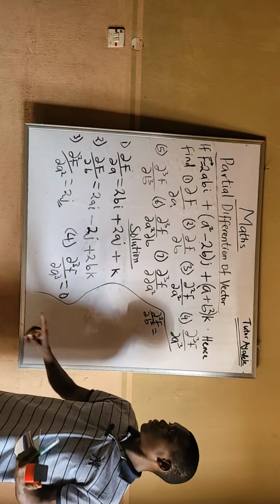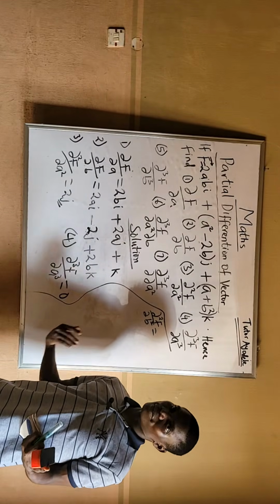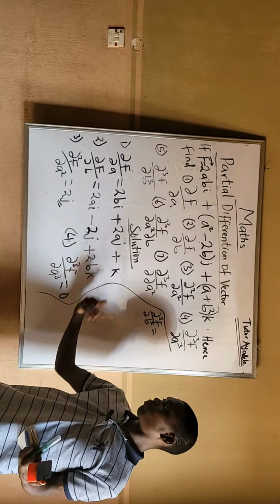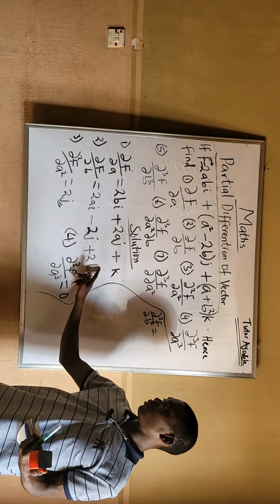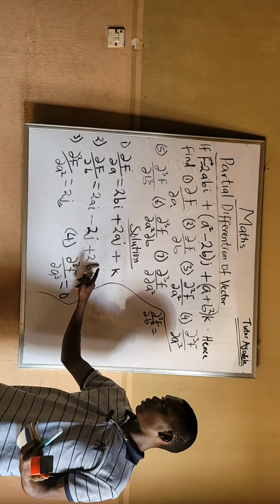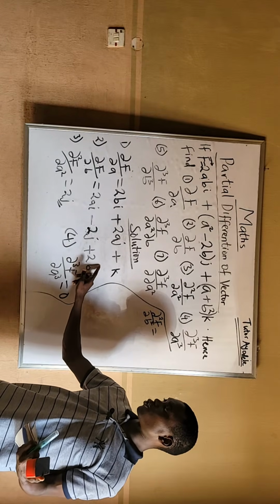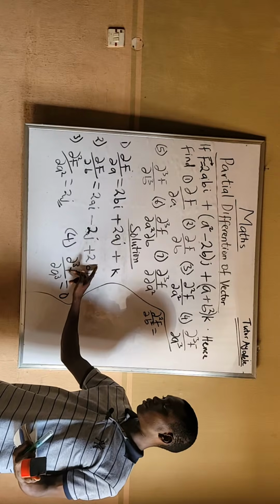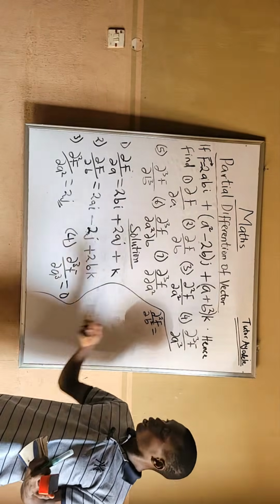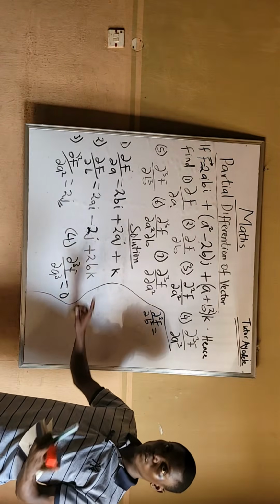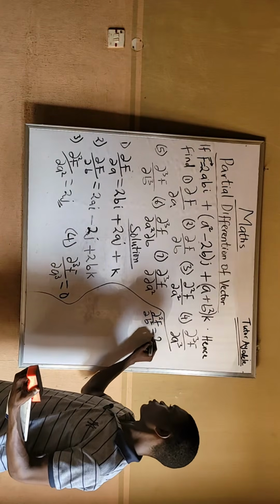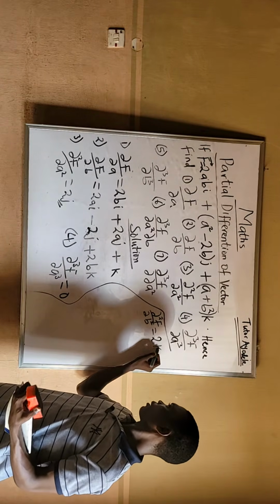If I differentiate 2b, b raised to the power 1 times this 2 will give me 2. Then subtract 1 from the power, 1 minus 1 will be 0. So b raised to the power 0 is 1. 1 times this same 2 still gives you 2. Always put your duration at the back, which is k. So this will be 2k.